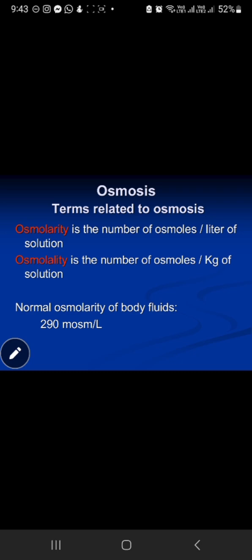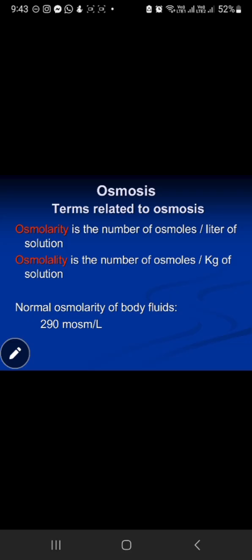Now we talk about osmolarity. You have to be very focused during the exam because we have osmolarity and osmolality. The osmolarity is the number of osmoles per liter of solution. The osmolality is the number of osmoles per kg of solution. What does that mean?